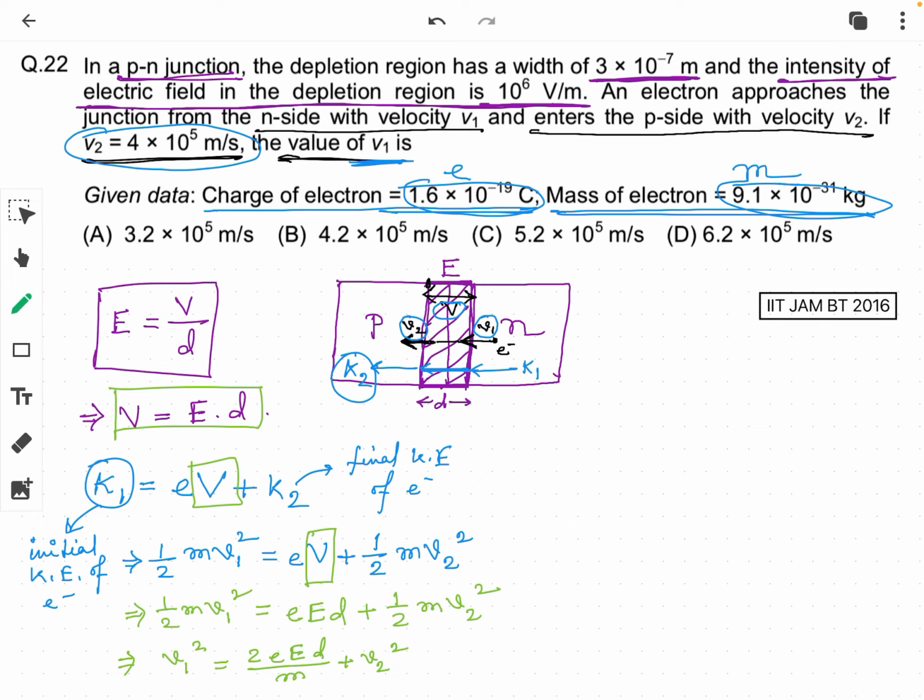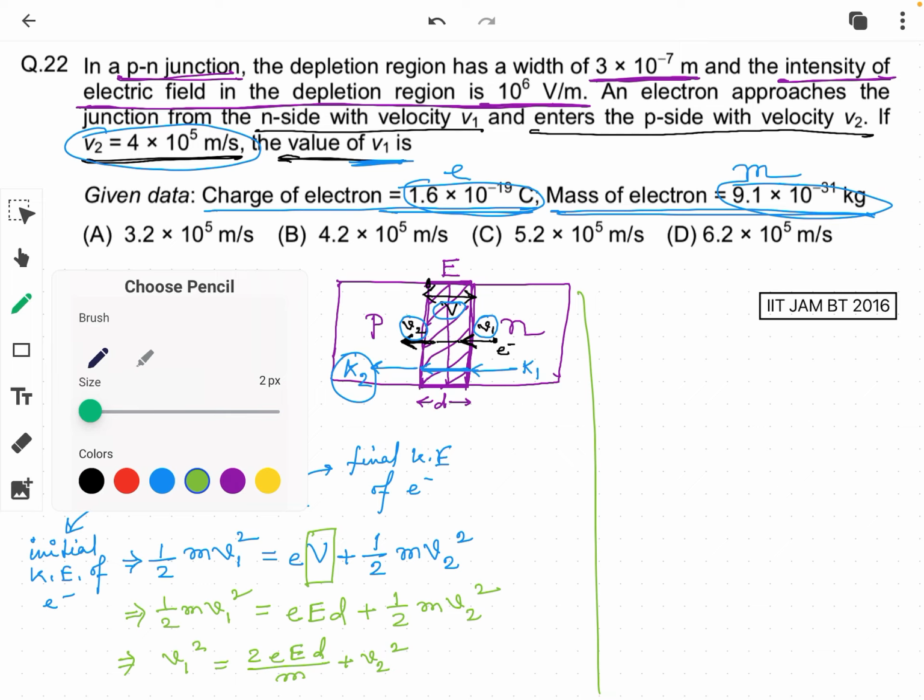Since we have divided both sides by half m, that is, we have multiplied with 2 by m, we have V1 square equal to 2 times small e into capital E d by m plus V2 square. Okay, now let us put the values of these.